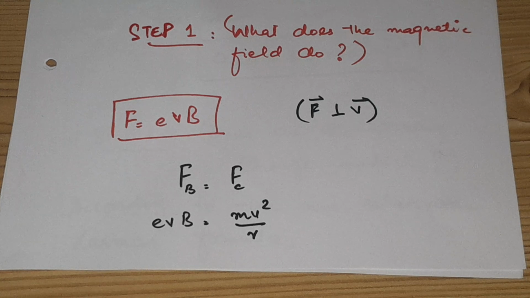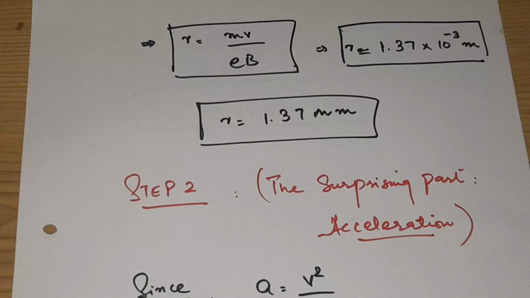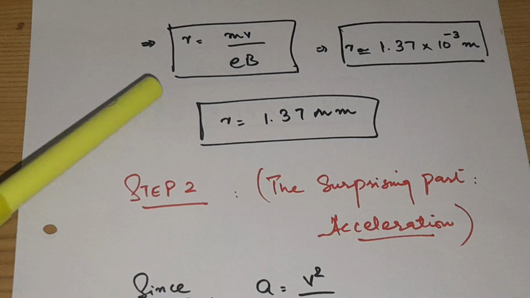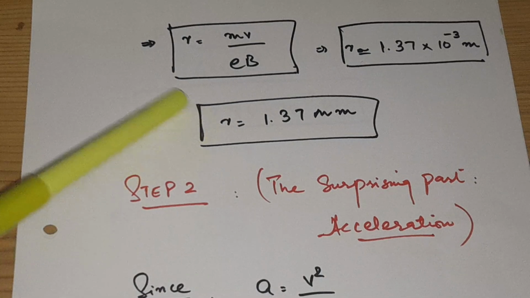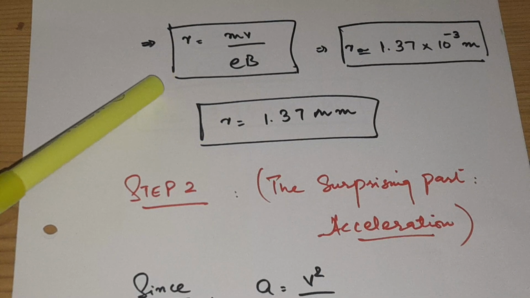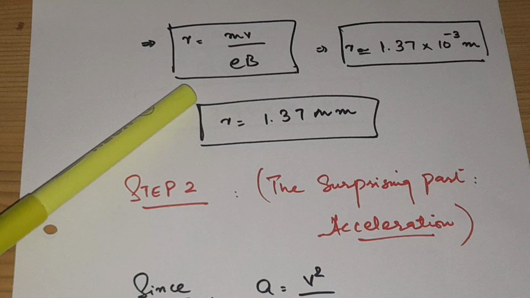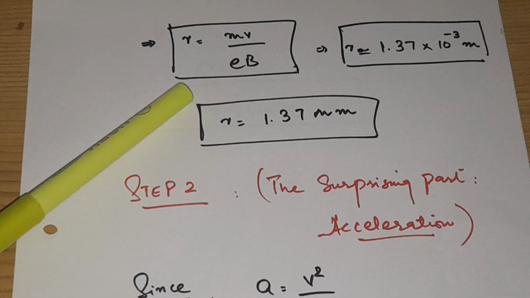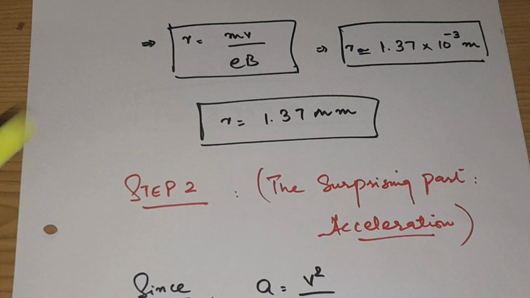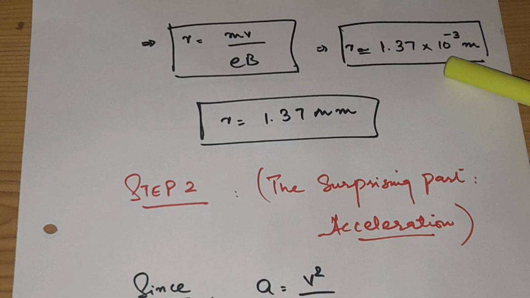Solving this relation gives the radius of the orbit of the electron, r equals mass of electron m multiplied by its velocity v, divided by the charge on an electron e and the magnetic field strength B. Substituting the given values gives the radius as 1.37 × 10^-3 meters, or 1.37 millimeters.